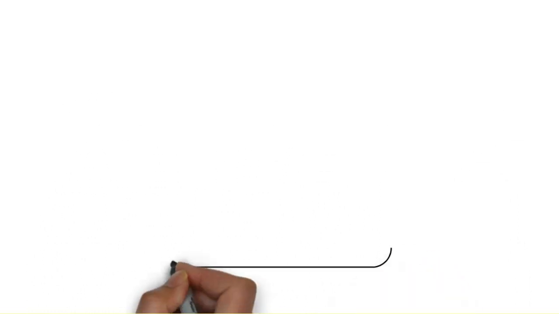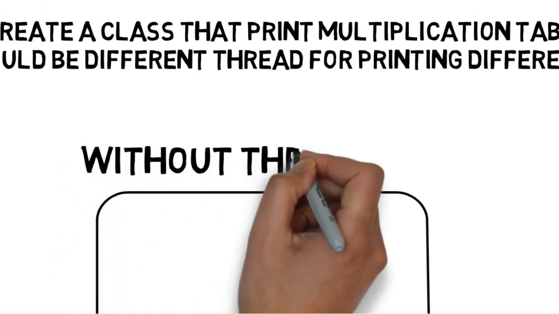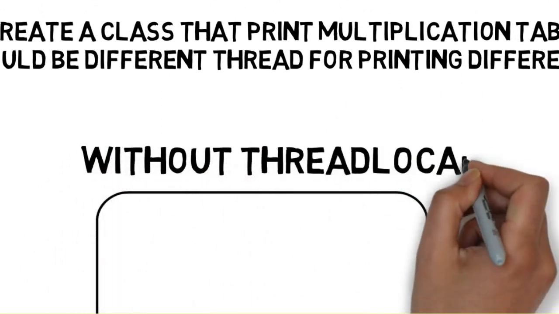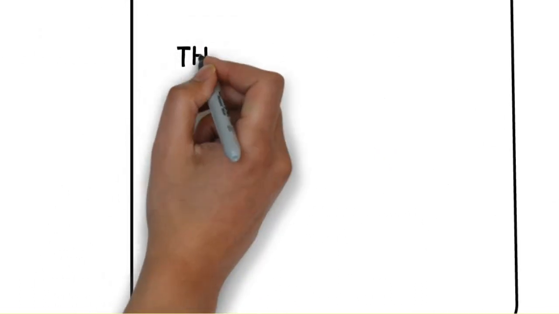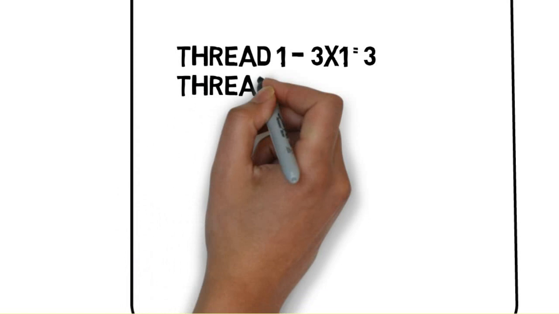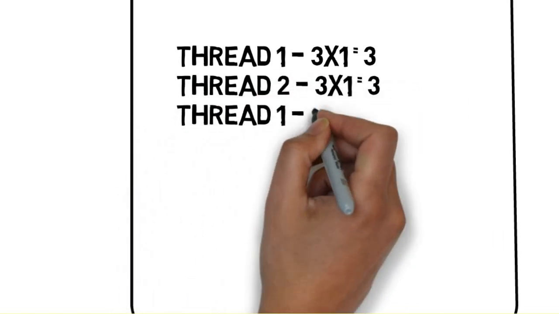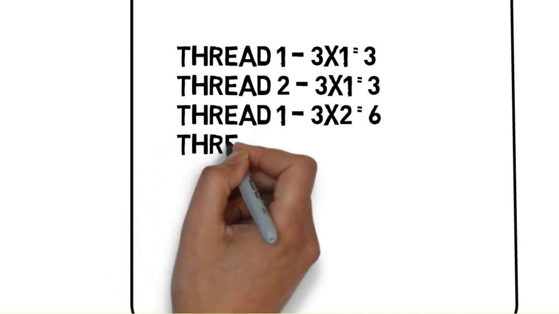So we will follow two approaches. The first one will be without using a thread local. So in this we will see that we will not get correct output. Both the threads will print the values for a single multiplication table.